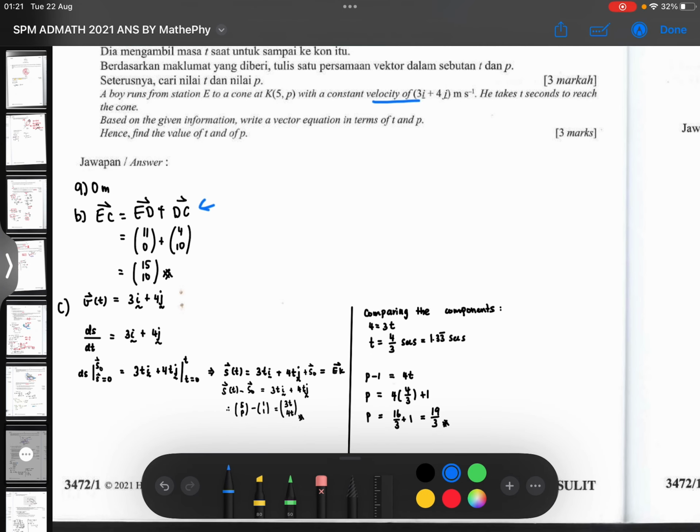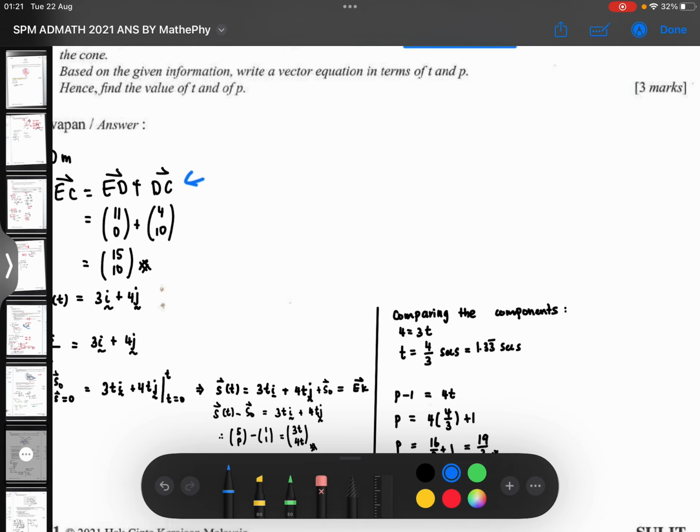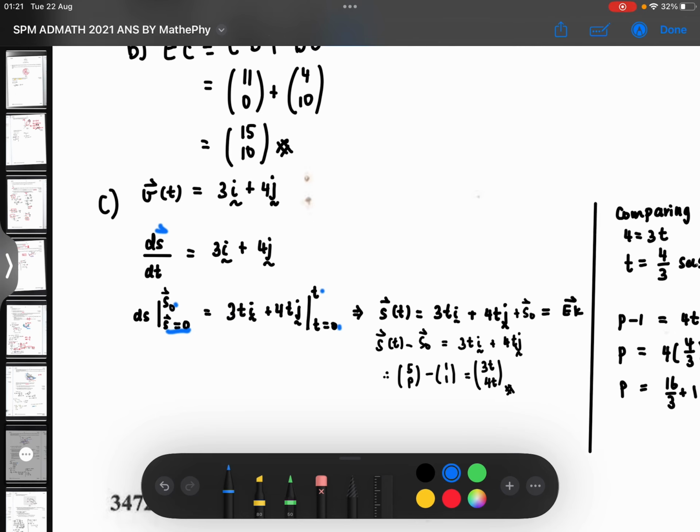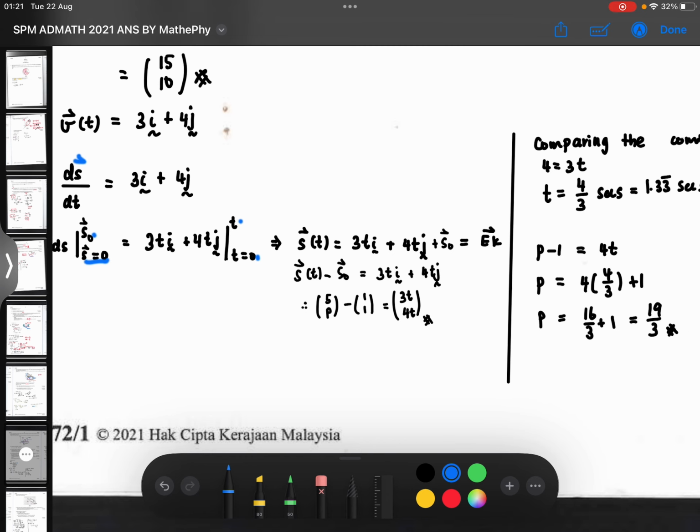We are given the velocity, so we can find displacement. Displacement is s, so this is actually in vector, ds dt. We just integrate both sides, from s equals 0 to s naught, and t from 0 to t. Okay, we get this equation.